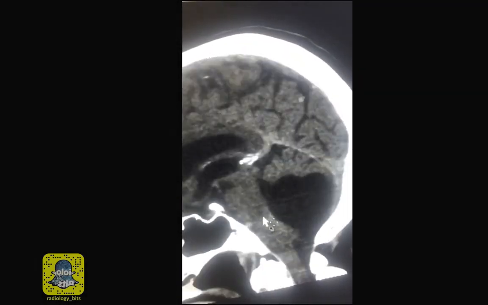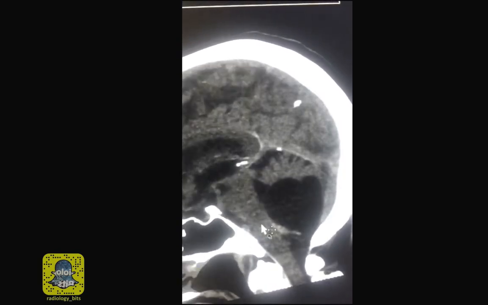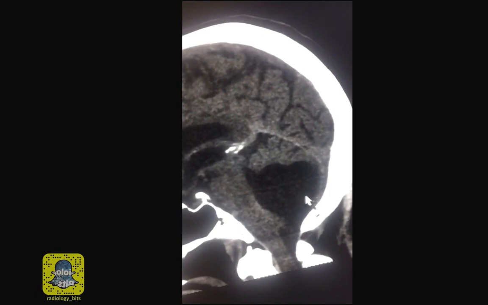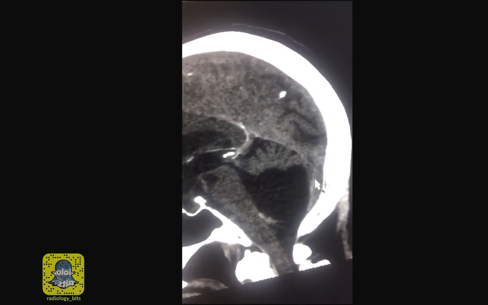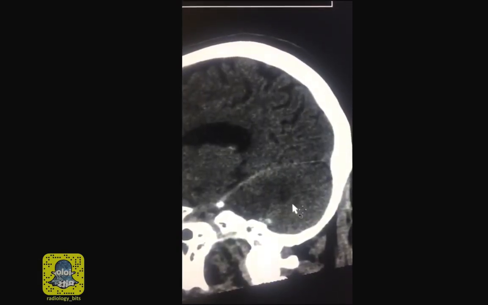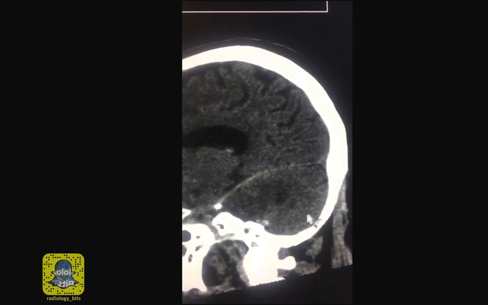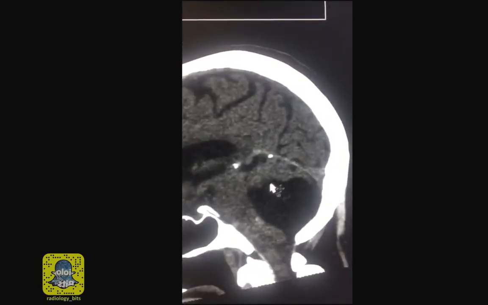A megacisterna magna is usually an incidental variant of no clinical significance, and the location is that of a CSF space expansion posterior and inferior to the cerebellum. In this case, as you go from side to side, you don't have expansion of the CSF space in that location. You only have the cystic component that we described.